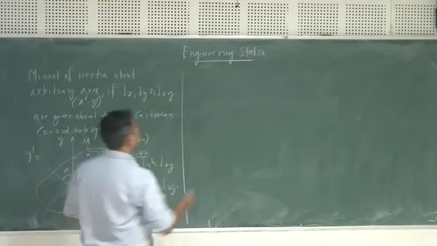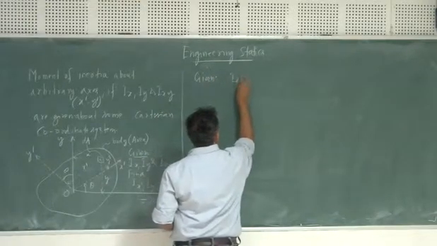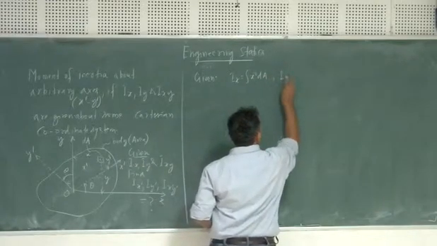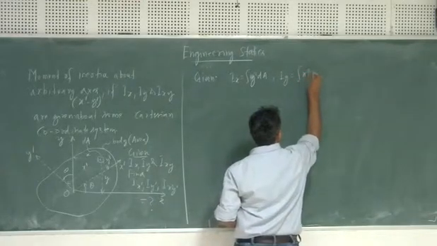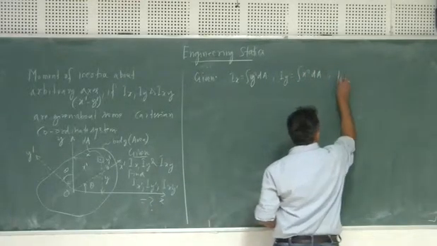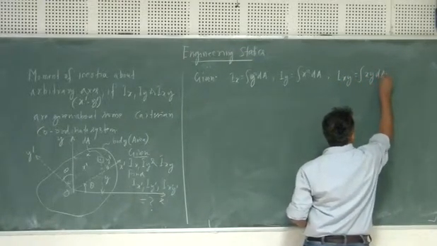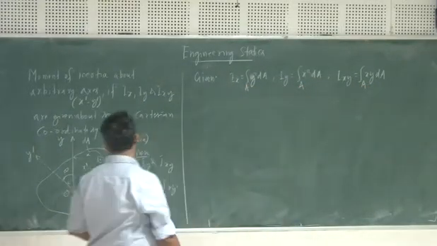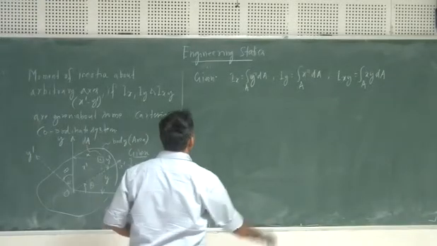So what are the quantities which are given? Given quantities are Ix, which is defined as the integral of y square dA, Iy, which is defined as the integral of x square dA, and Ixy is defined as the integral of xy dA. Now you will have to find out your Ix dash, Iy dash and Ixy dash.